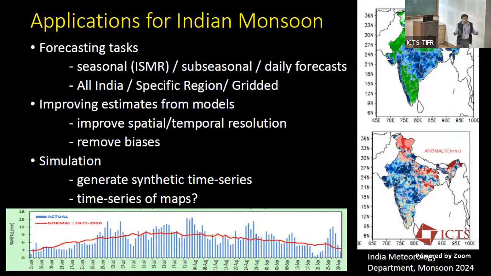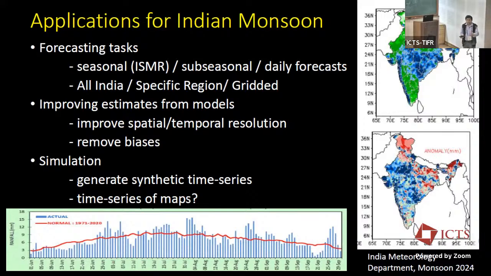Again, earlier I showed that study which shows that the spatial distribution of rainfall as simulated by these models may have spatial biases. That is, some regions which actually receive more rainfall, the models show as receiving less rainfall, and so on and so forth. Those are the kinds of biases. We may remove these biases with the help of a suitably trained ML model.